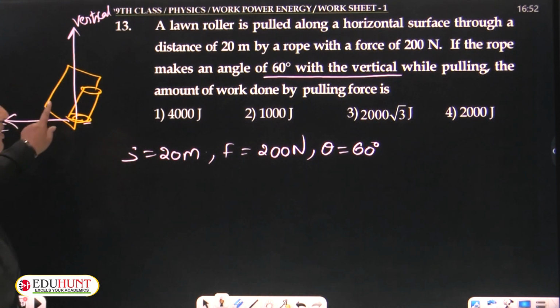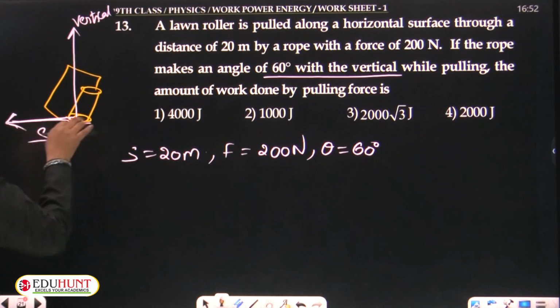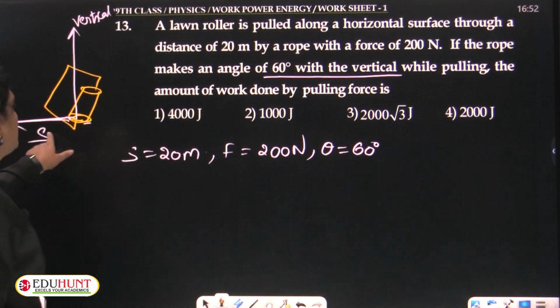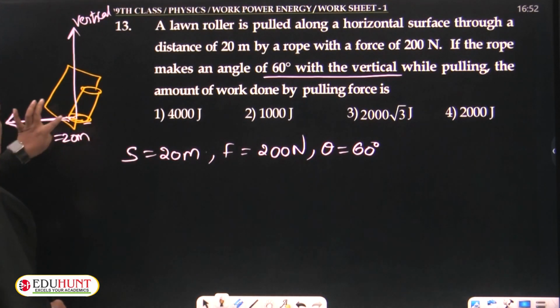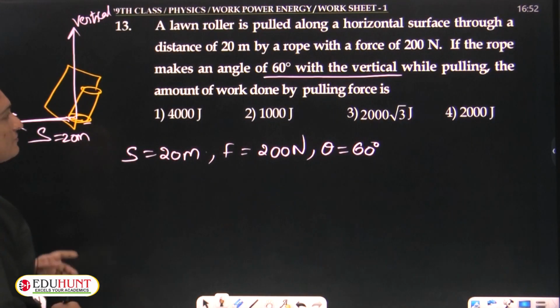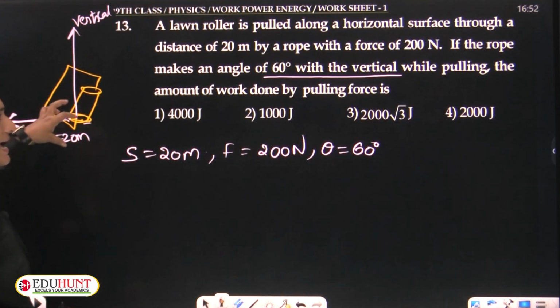The lawn roller is pulled along a horizontal surface. Pulled means displacement; displacement is along the horizontal direction. The distance is given as 20 meters, by a rope with a force of 200 Newton.